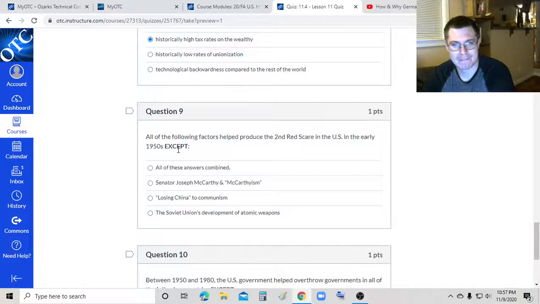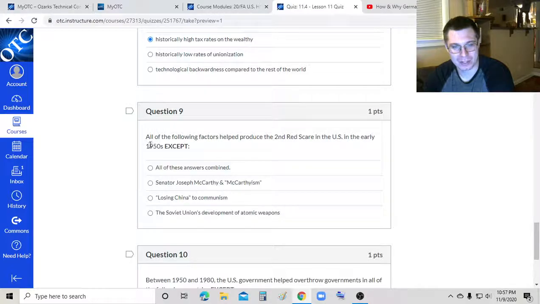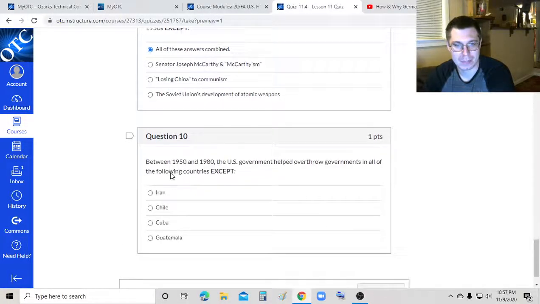And actually, I might need to reword this question because in hindsight, it's a little misleading where I say except. I should just say which factors help produce. But all of these factors combine to produce the Red Scare.